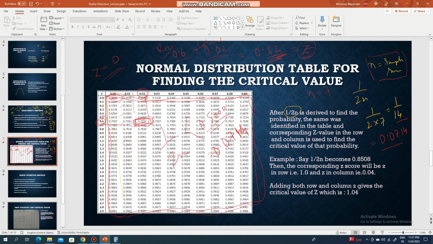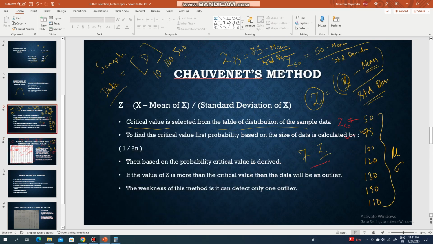And if the calculated Z value of your sample data is more than the critical value of Z that we have calculated from that table, then that data point is an outlier. So for our example, the critical value of Z is 0.